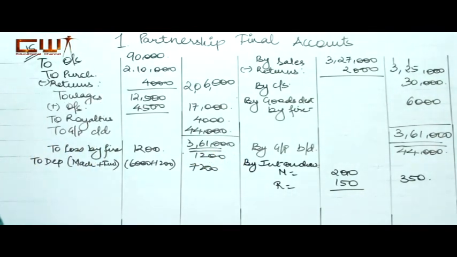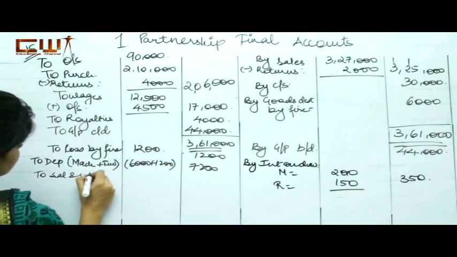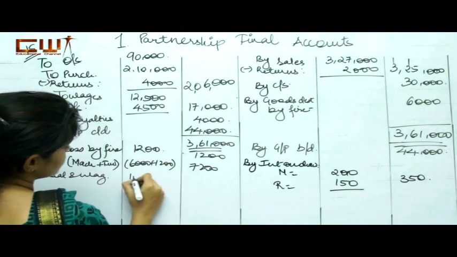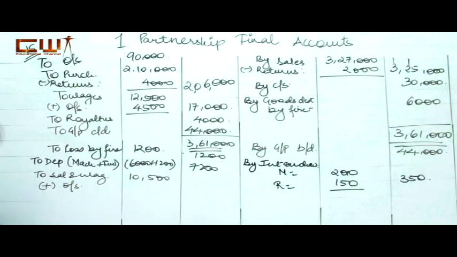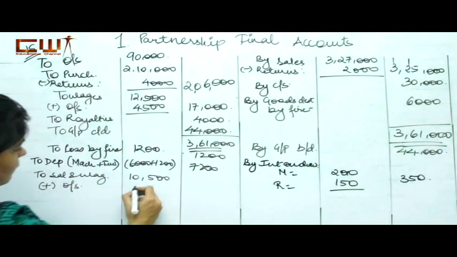Anything else that's been given to you? You have outstanding salaries. See the amount of salaries and wages given in the question. Salaries and wages is 10,500 plus outstanding 2,500.